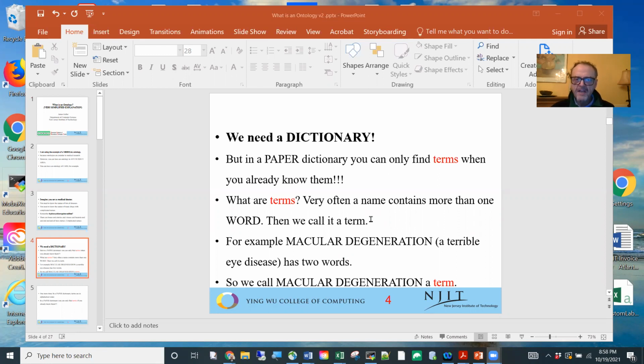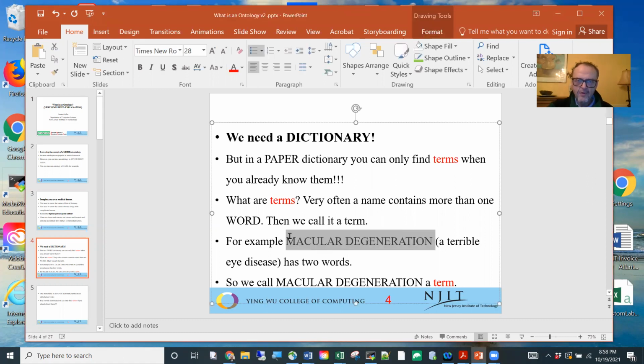Okay, so I said terms. What does terms really mean? So very often a name for a disease or something contains more than one word. And then we don't say word, we say term. So for example, there's a terrible eye disease called macular degeneration. So you see it has two words, so together we call these two words a term.